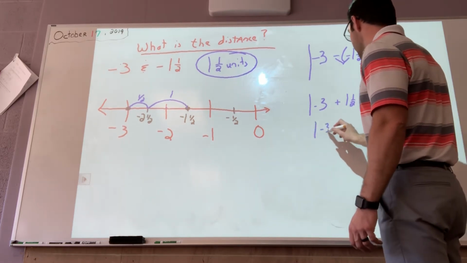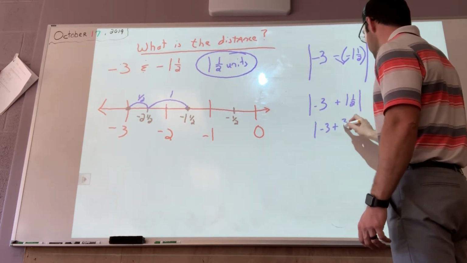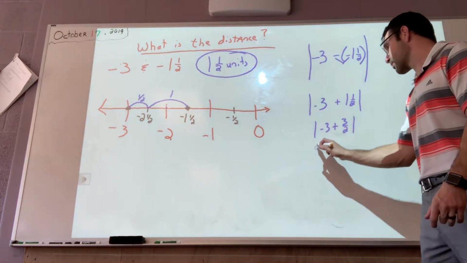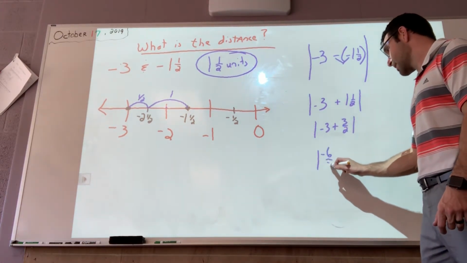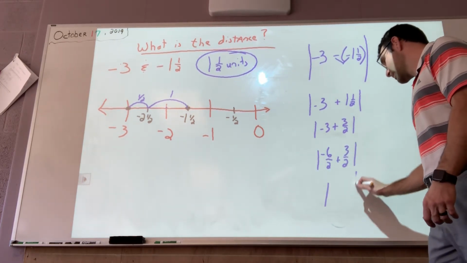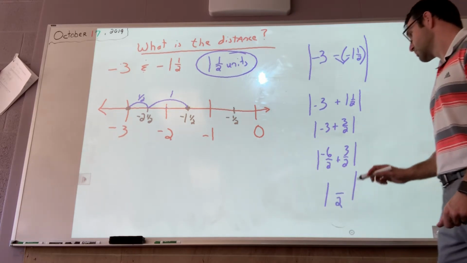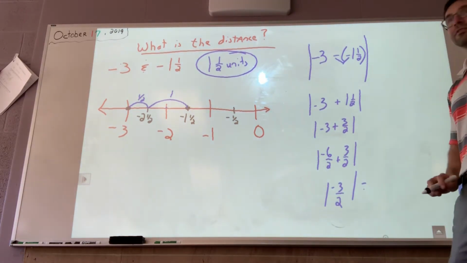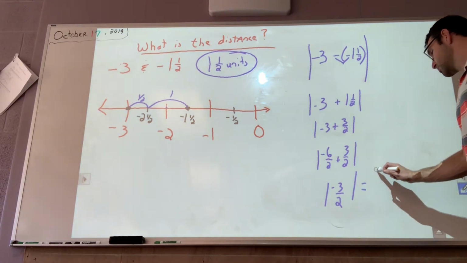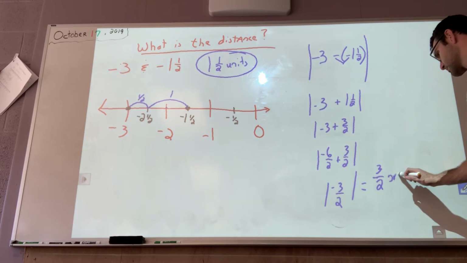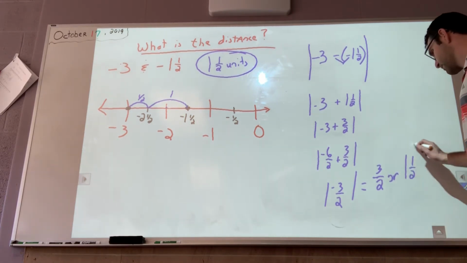Now I've got -3 plus 3/2. Well, -3 over 1, we need to multiply by the other denominator, which is 2. -6/2 plus 3/2. We know my denominator has to be 2. -6 plus 3 is -3. Absolute value of -3/2 is positive 3/2 or 1 1/2.